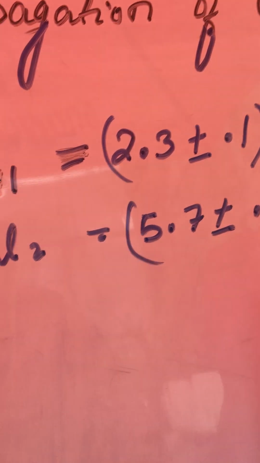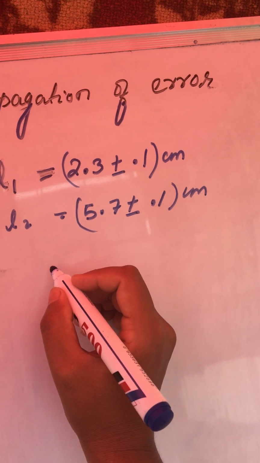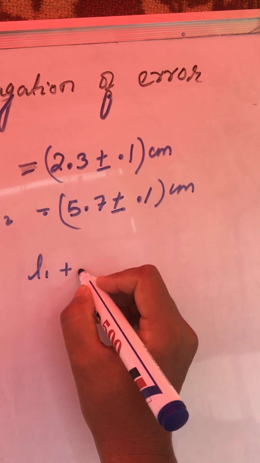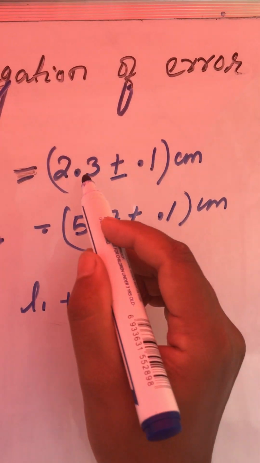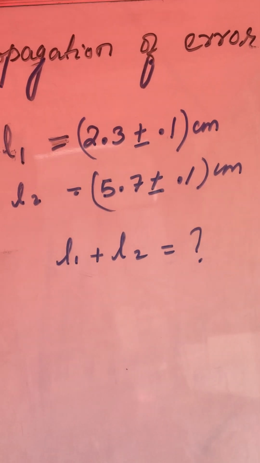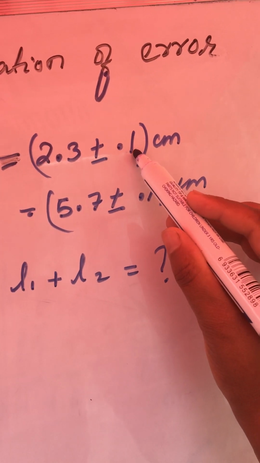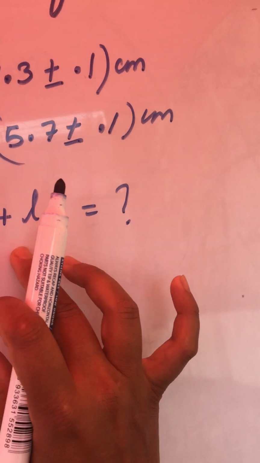Then the question says, L1 plus L2 is how much? These are the values, these are the errors, right? This is the maximum error for it, and this is the maximum error for it. Now, L1 plus L2.